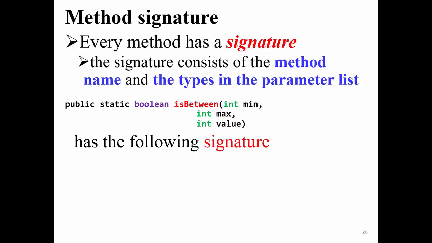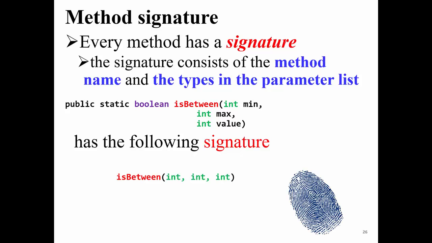Again, the parameter list plays a very important role in the method signature. We discussed the header: modifiers, return value, the name, and the list of parameters. What is the method signature? The method signature is actually the name of the method, the data types of the parameters, and the order of these data types. So, as you can see, you don't need all the header information to create a method signature.